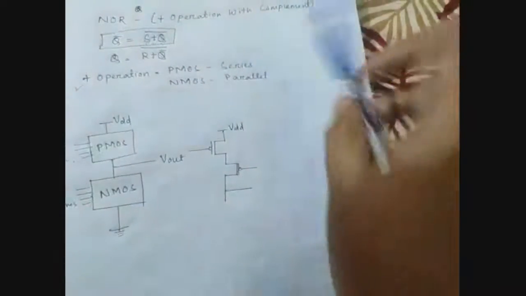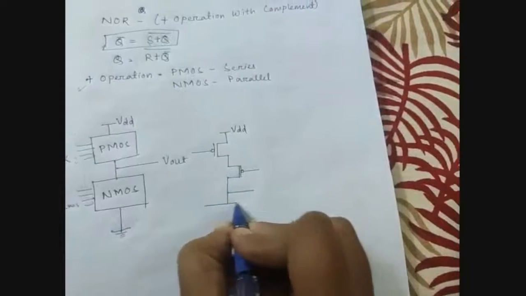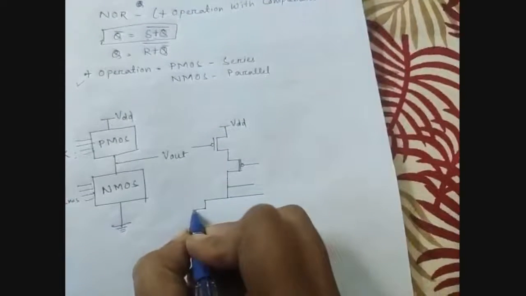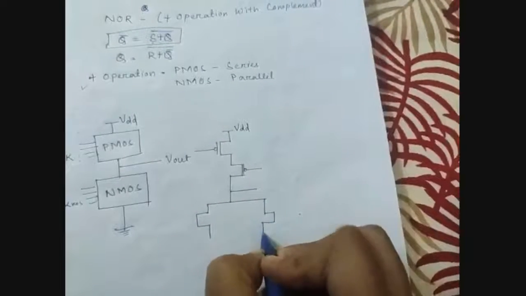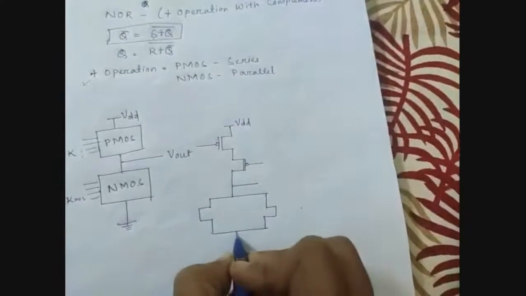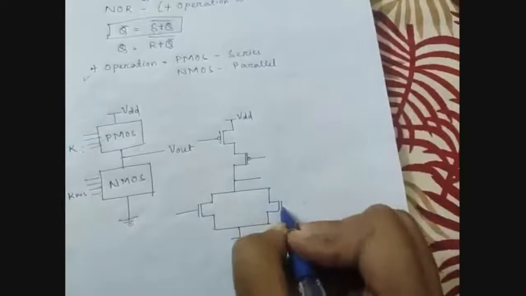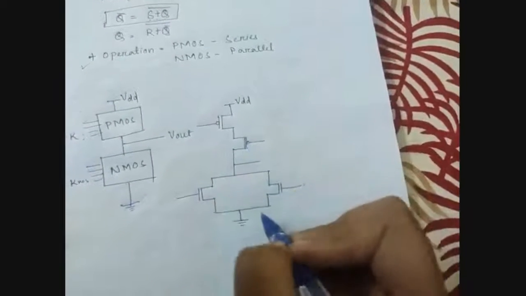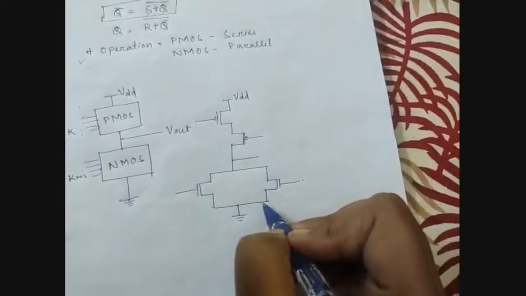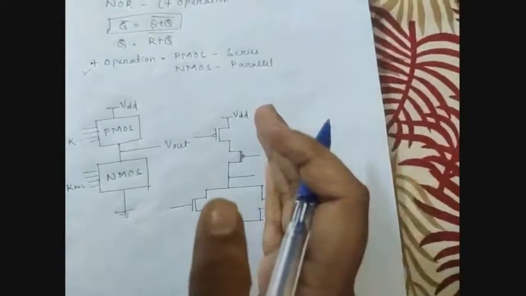Okay. Next, here the transistors are connected in parallel. And here is the ground. Here a bubble is present, that means it denotes PMOS, and this one without a bubble is NMOS. Okay, so one part, the first equation, is completed.